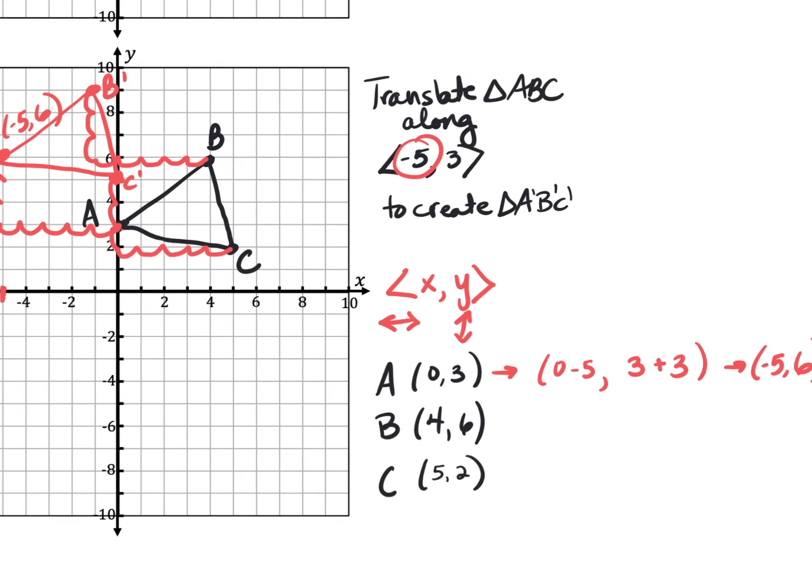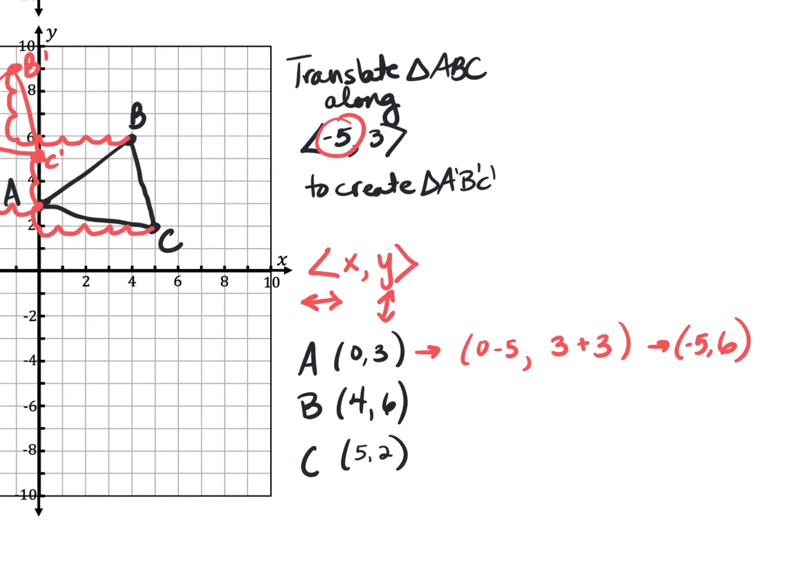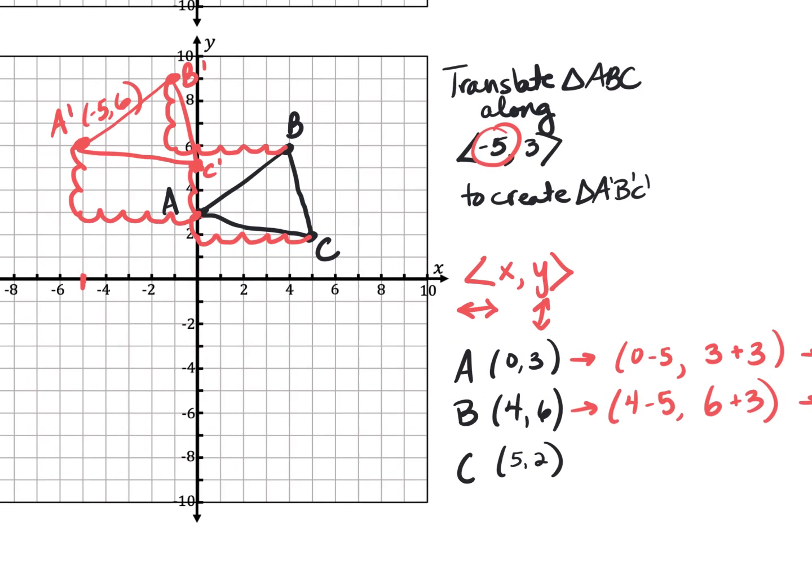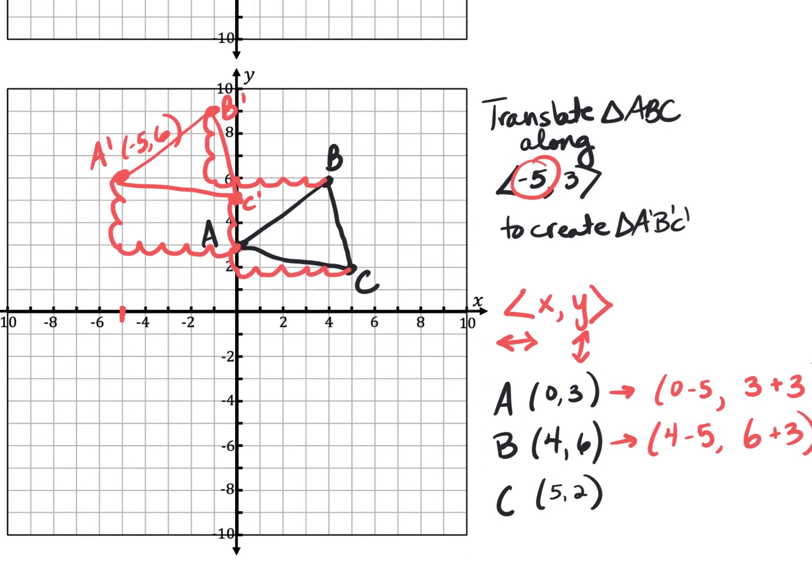So whether we're counting or adding the coordinates, either method works. So 4 minus 5, and then 6 plus 3. That's going to give me negative 1, comma 9. And if I check B prime, 1, 2, 3, 4, and again, I counted wrong.